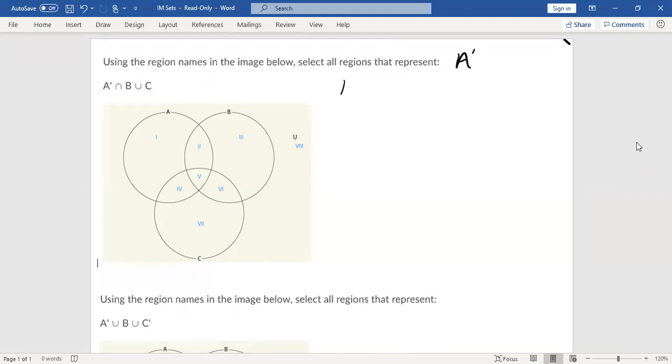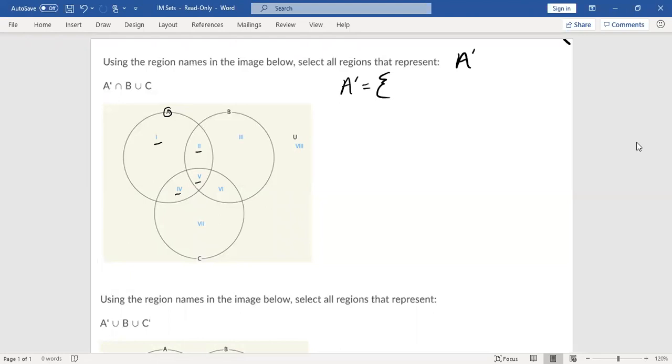So what I'm going to do is write that first. The complement of A is everything that's not in circle A. So it doesn't mean everything in circle B and C. So keep in mind, when you look at circle A, you have 1, 2, 4, and 5. So it's everything but those.